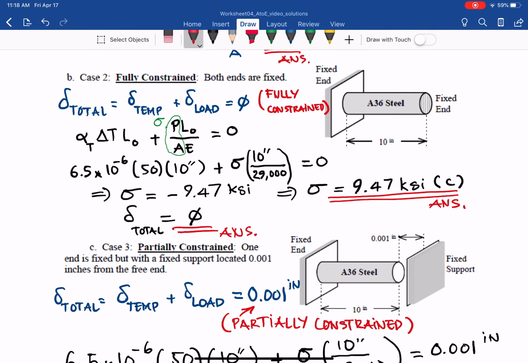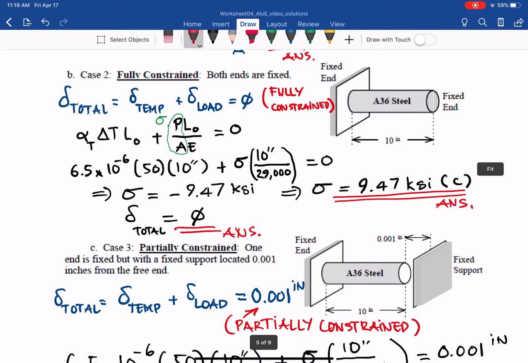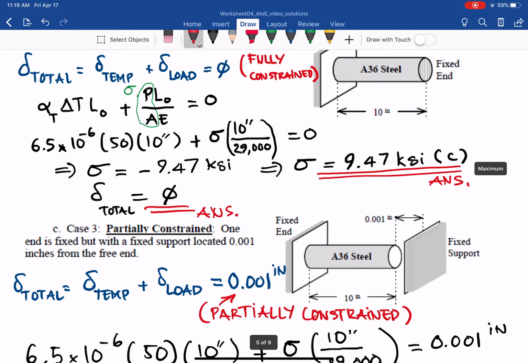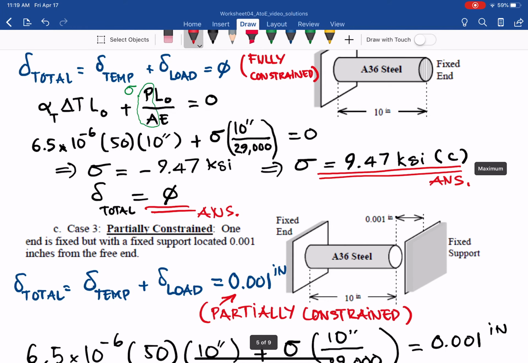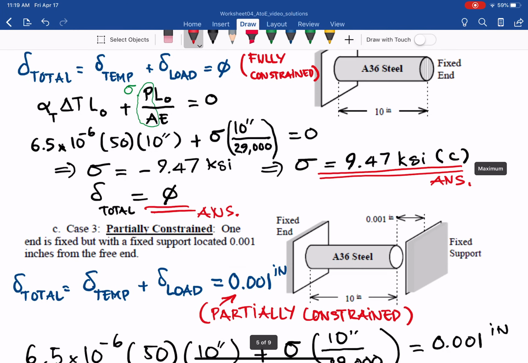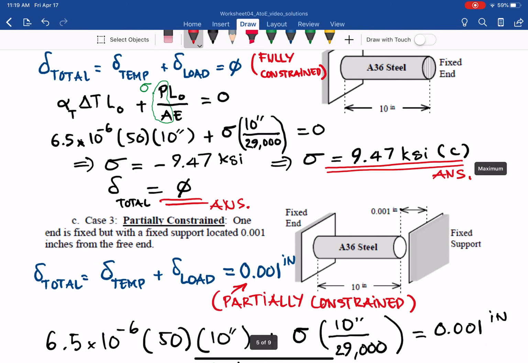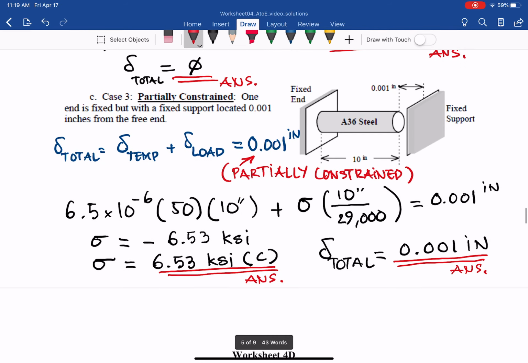So whatever the deformation due to the temperature, it will be balanced by the contraction due to the load. And from that, you will get the maximum axial stress on that member, 9.47 KSI in compression, so that they can reduce the length to balance the length increase due to the temperature. Delta total is 0. The last case is somewhere between case number 1 and number 2.